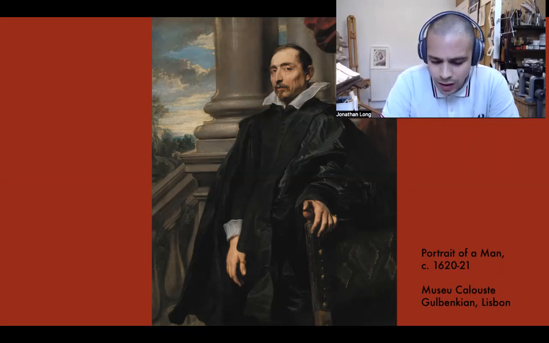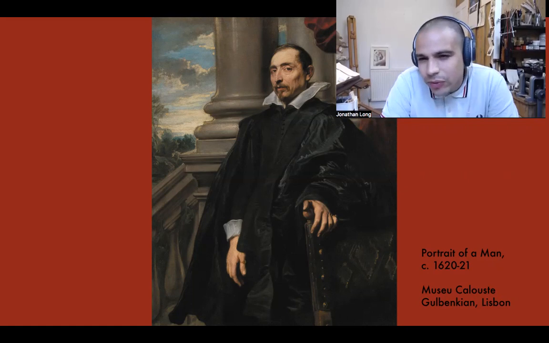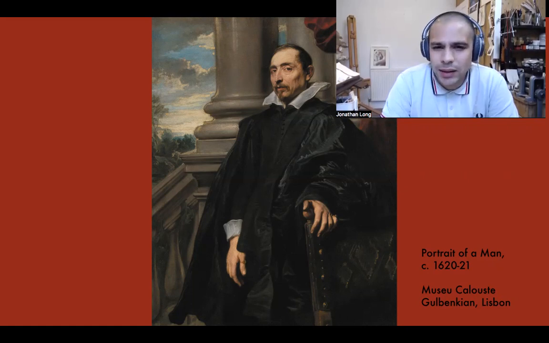We know that Van Dyke was in England between 1620 and 1621, but only for a few months. So this painting could have been painted before he left Antwerp for England, or it could have been painted upon his return before he left Flanders for Italy. He was in Italy for a number of years. He would then return to Flanders in 1627 after having a pretty successful time in Italy, spending most of that time in Genoa.